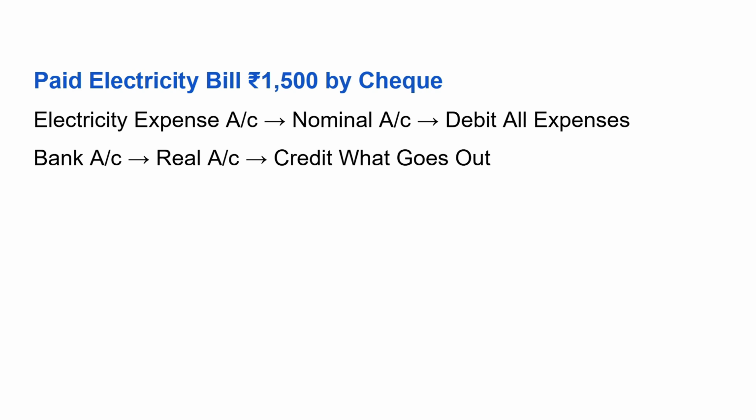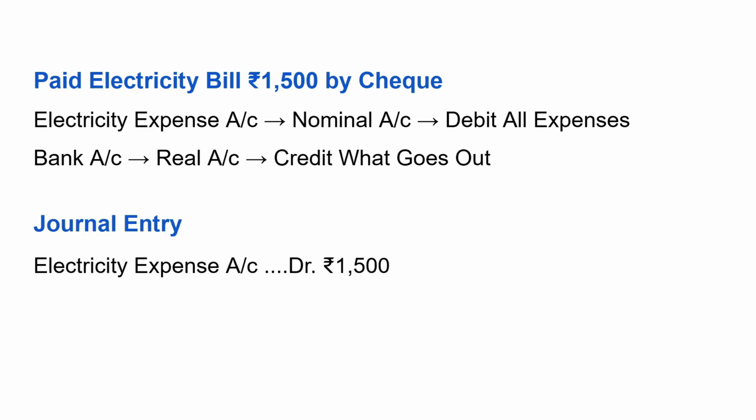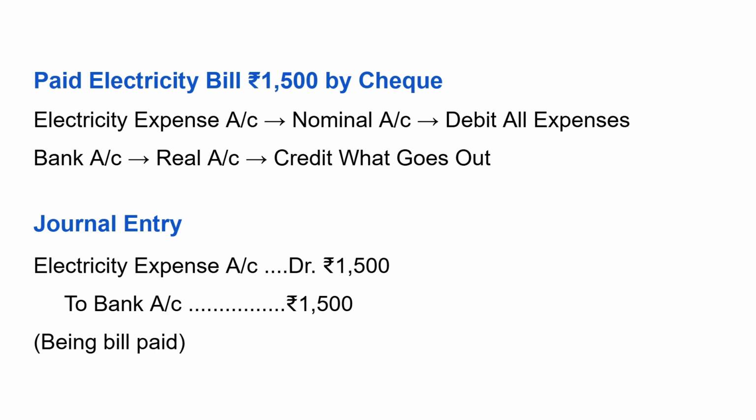If it was not mentioned check, we would have taken cash. Now in this transaction, it is mentioned it is paid by check, so we have taken bank. And the journal entry is electricity expense account debit 1500 to bank account 1500 rupees, and the narration is being bill paid.